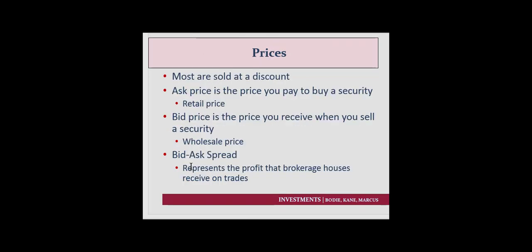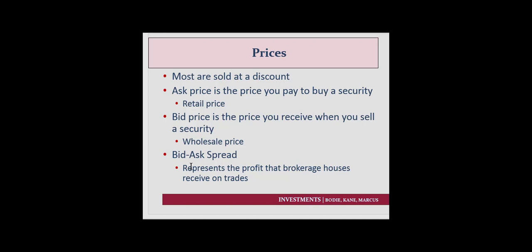What about pricing, right? Most of these securities are sold at a discount. That is, they're sold at a price below their principal value. The ask price is the price you pay to buy a security. So since you're buying this, think about retail. This is the retail price. The bid price is the wholesale price.